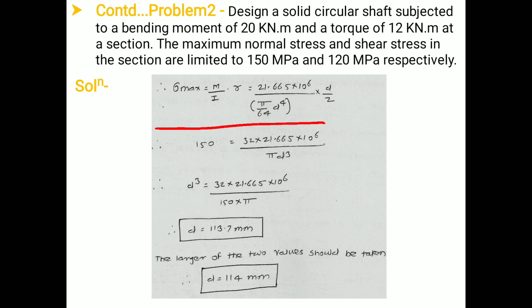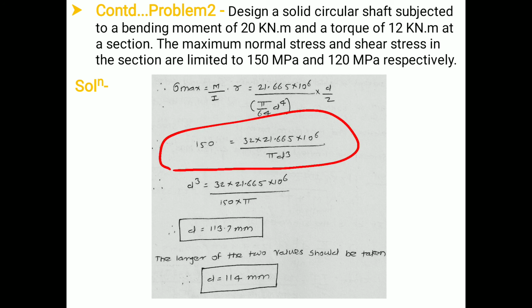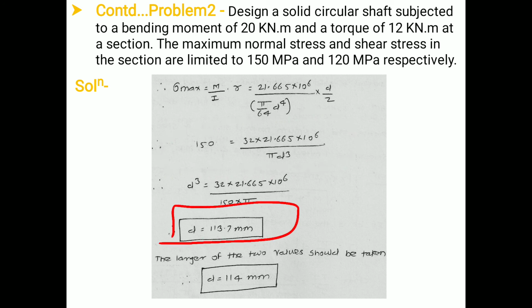On putting the value of M, the radius, and the moment of inertia, and because the value of sigma maximum is also given in the numerical, we will have this particular equation. On solving this equation we have d is equal to 113.7 mm.